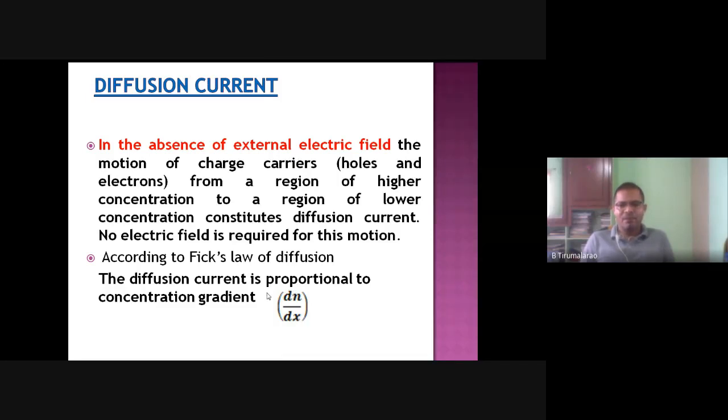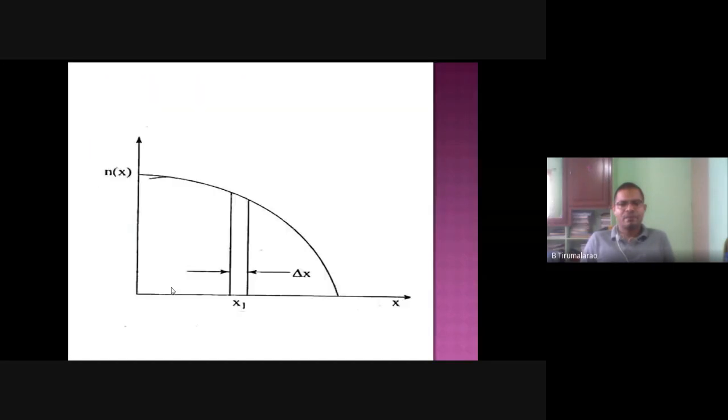So whenever the concentration parameter is differentiated with respect to distance along the x-axis, that is treated as concentration gradient. So according to Fick's law, the diffusion current is directly proportional to concentration gradient.